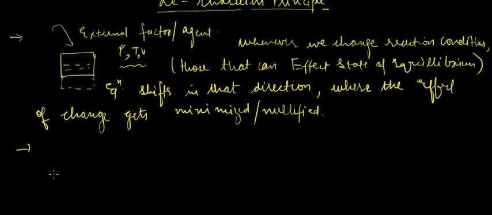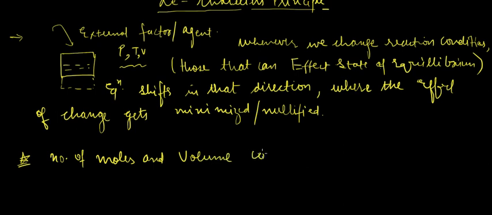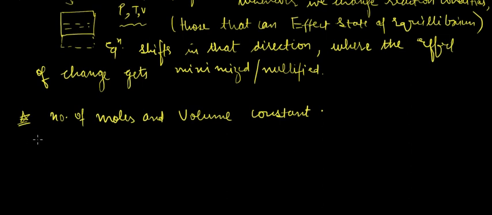Okay, so let's discuss, keeping in mind this factor, when we are changing some of the reaction conditions, keeping the number of moles and volume constant. First change: what if we add some more reagent or reactant, that is, addition of reactant.